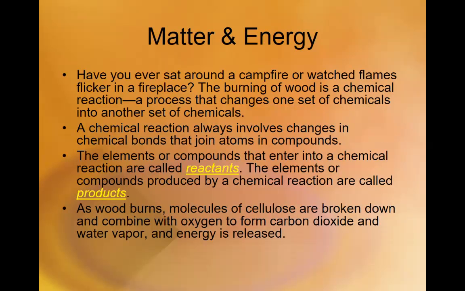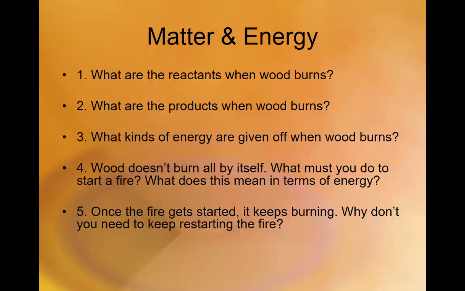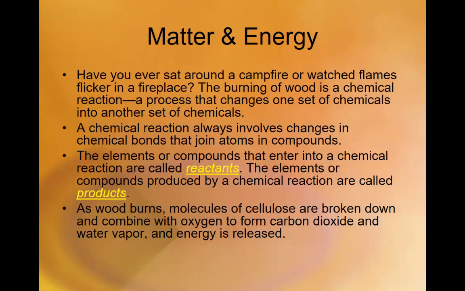And they're going to combine to produce the next question, what are the products? In this case, they form carbon dioxide and water vapor, plus the energy released. Now, what kind of energy is released when wood burns? Well, hopefully, having sat in front of a fire, you know that this is heat and light.